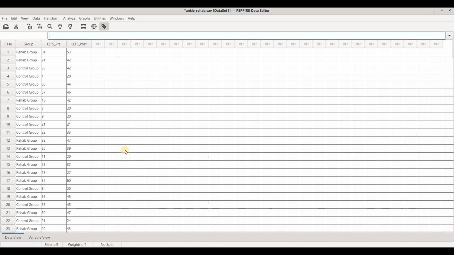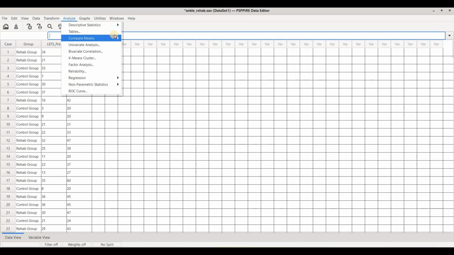Okay, say now we wanted to do the same independent sample t-test, and we want to check the lower extremity values after intervention. So we know that in the after intervention, the control group would not have participated in the intervention, only the rehab group. So we want to compare the scores now to see, did this intervention over whichever period help to create a significant difference in lower extremity functional scale scores for these ankle patients.